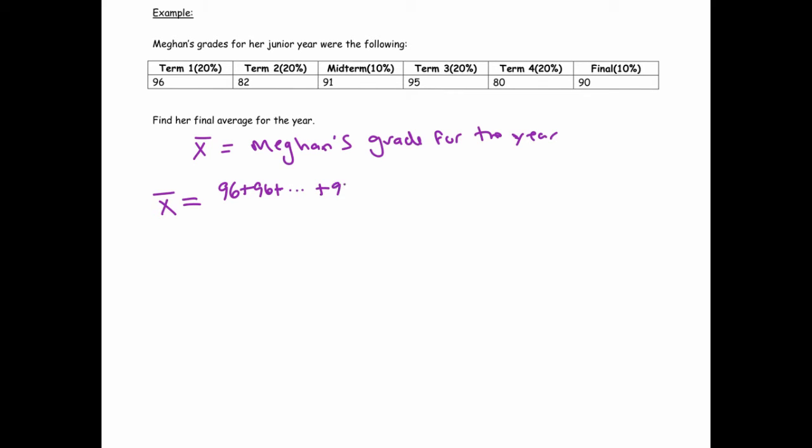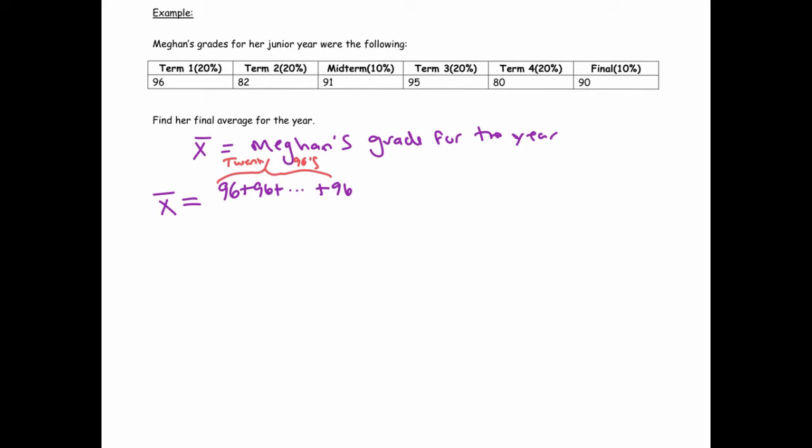No, we're not going to do it, but you'd have to write it out 20 times. So I'm just going to indicate that's 20 96s. Let me write it in words so it's not confusing. There's 20 of those.